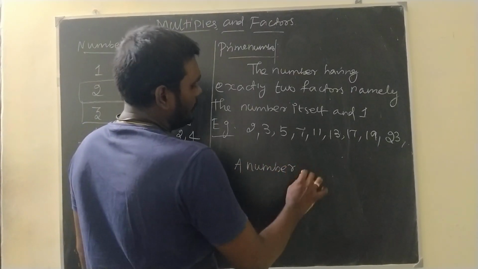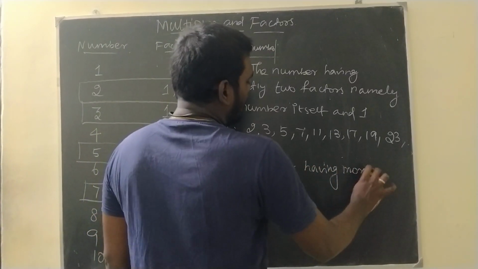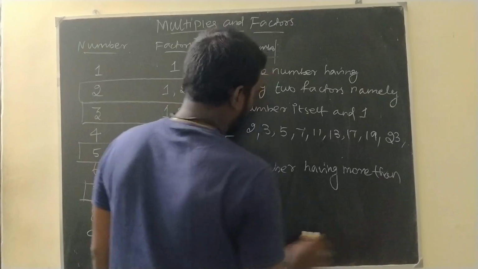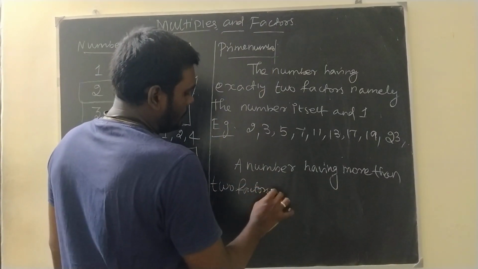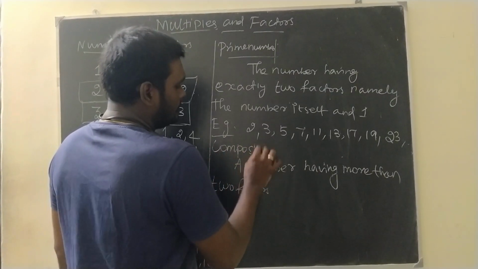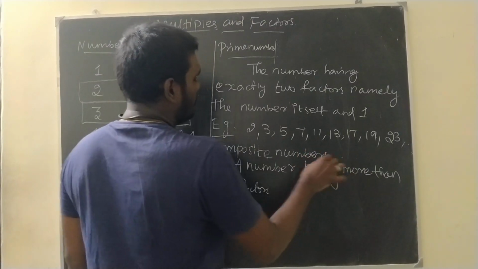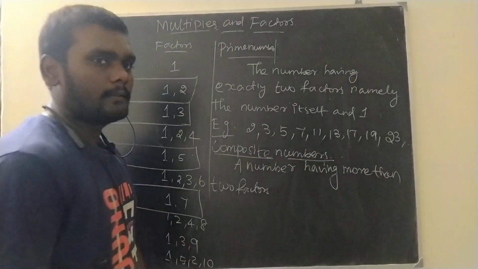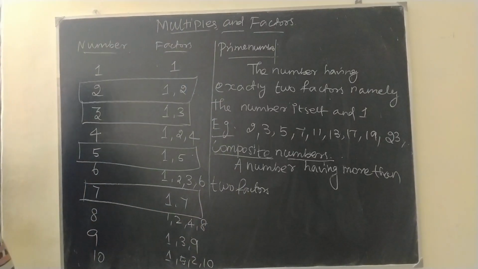A number having more than 2 factors is called a composite number. What numbers? Composite numbers.